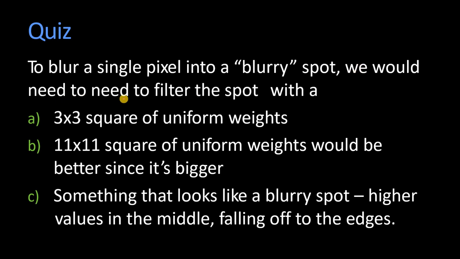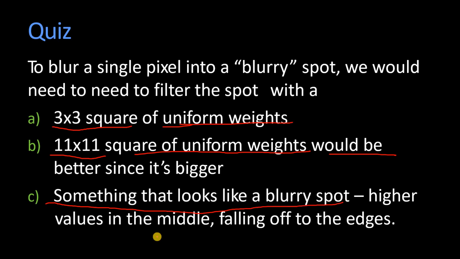We would need to filter the spot with 3 by 3 uniform weight. Uniform weight means that all of them are 1, or an 11 by 11 square of uniform weights, or something that looks like a blurry spot, higher value in the middle and lower values on the edges.